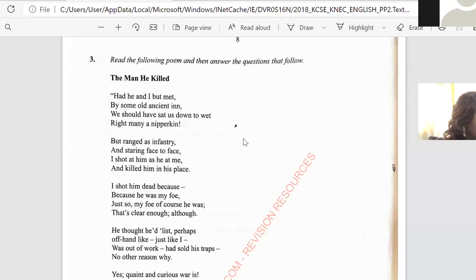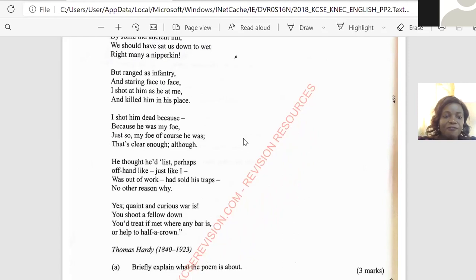There is now the new one, elision stroke clipping. Elision is E-L-I-S-I-O-N. Clipping is C-L-I-P-P-I-N-G. And the word that has been clipped here is list. He'd list. This is 1, 2, 3, stanza 4.